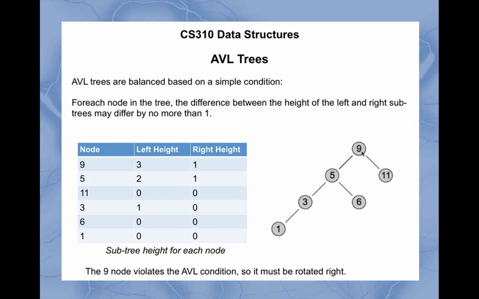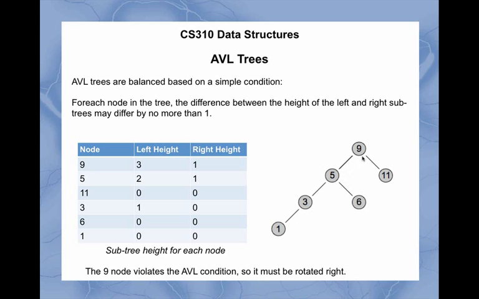Thus, from any path from 9 on the left-hand side, there are 2 paths, from the 9 to the 6. The other path is from the 9 to the 1. There are 2 leaf nodes along the left-hand side. So the largest number of edges along the paths, the maximal number, is the subtree height.